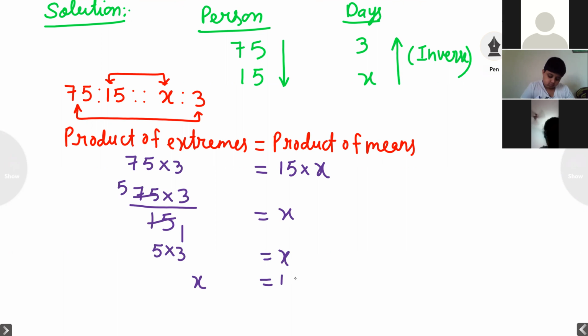X is equal to 15. Hence, 15 persons consume the bag of corn in 15 days.